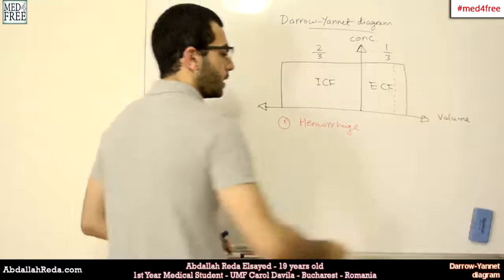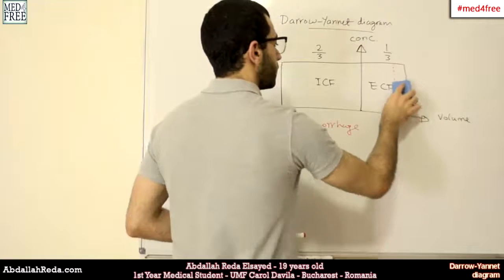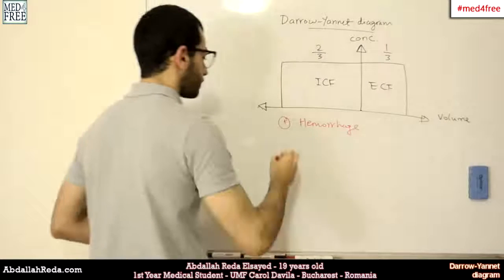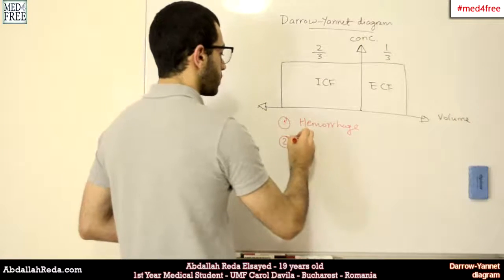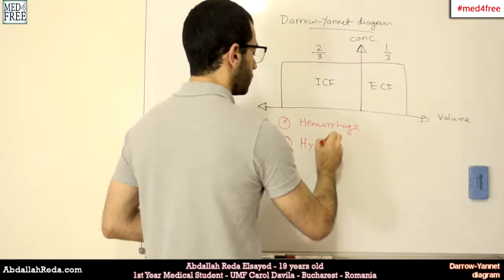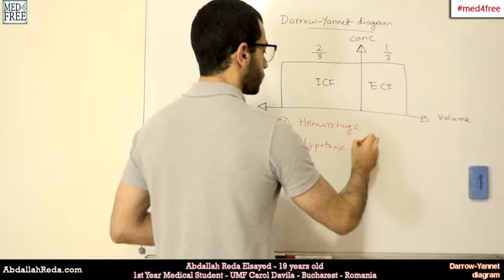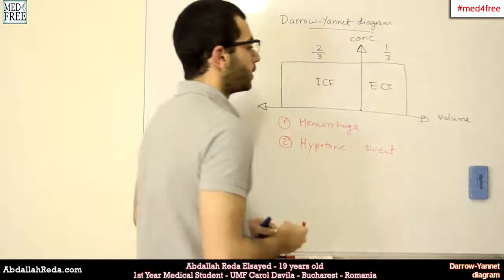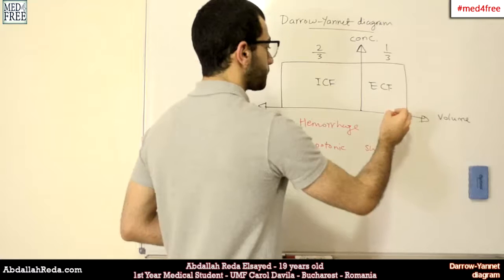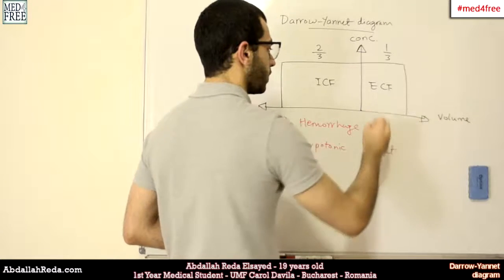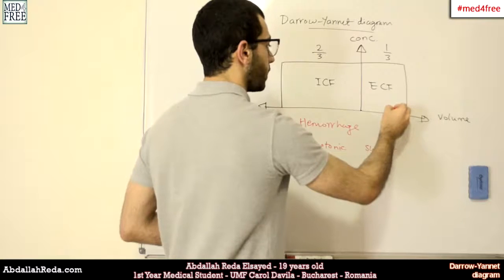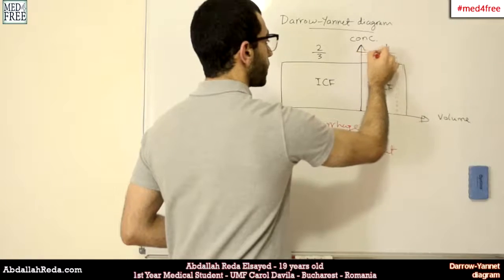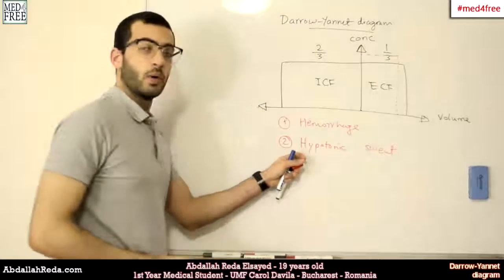While if we have another case like the loss of hypotonic fluid like sweat, this will, of course, the loss of the fluid will decrease the volume of the compartment, and it will raise its concentration because it's a hypotonic fluid.